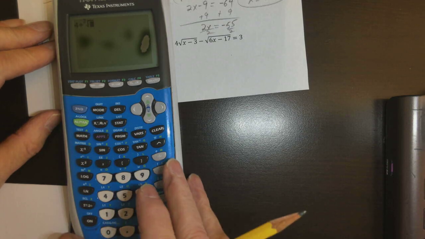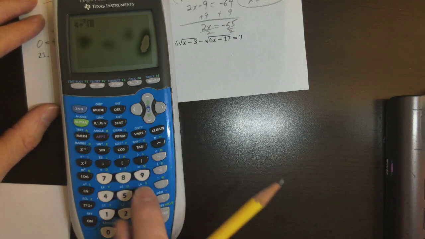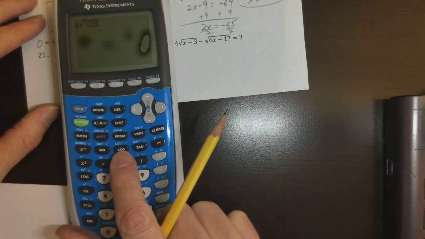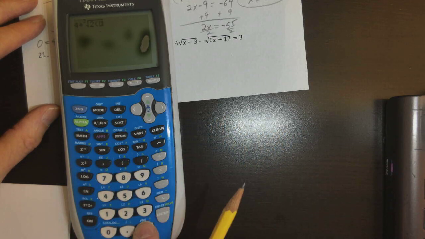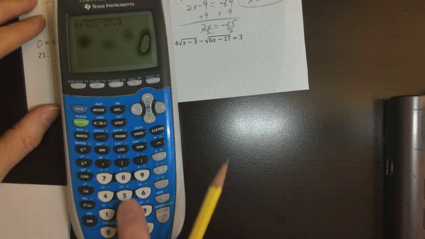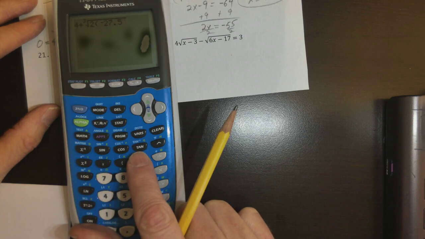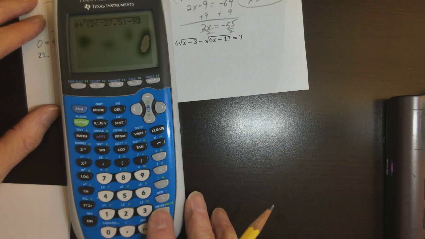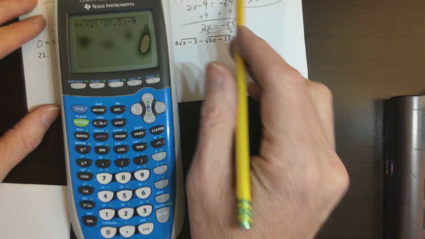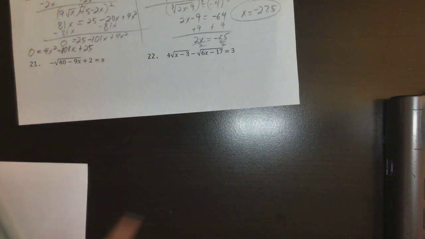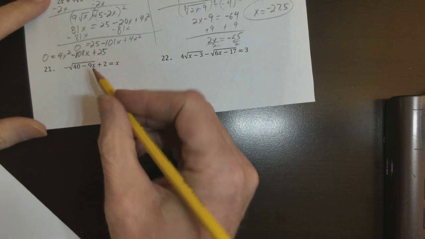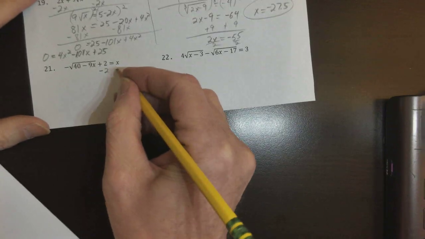Cube root of 2 times negative 27.5 minus 9. That's 0. That's what we needed it to be. Okay, it works.